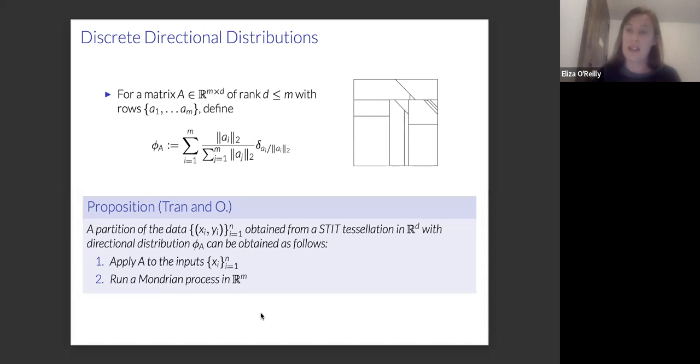All we have to do is apply a transformation and then run a Mondrian process. So from a computational point of view, this is nicer. And it's also generally how oblique splits are obtained in different oblique random forest variants in the literature. You transform the data and then run an axis-aligned partition, and this induces non-axis-aligned splits on your original data.